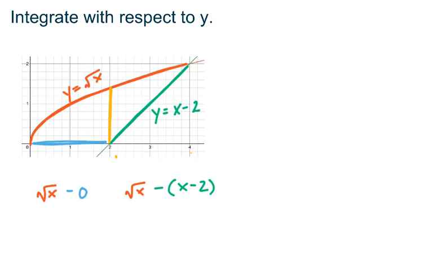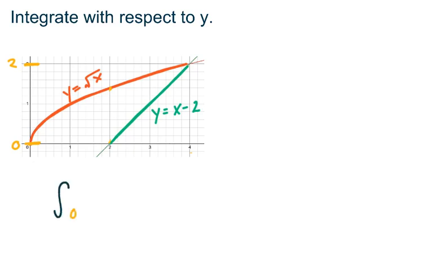However, if we rearrange this and we think about integrating with respect to the y-axis, that would change my bounds from y equals 0 to y equals 2. So this would be the integral from 0 to 2.